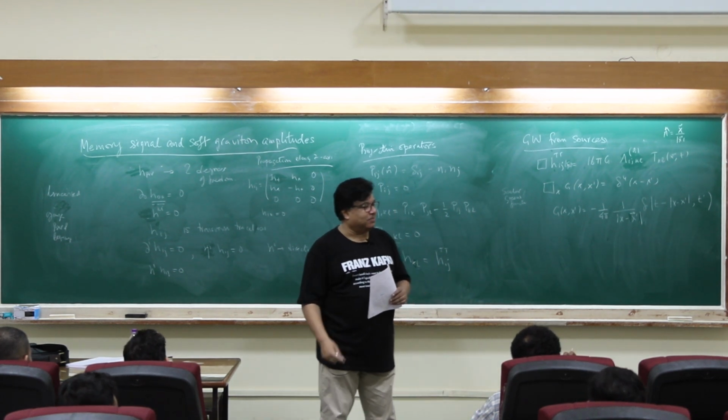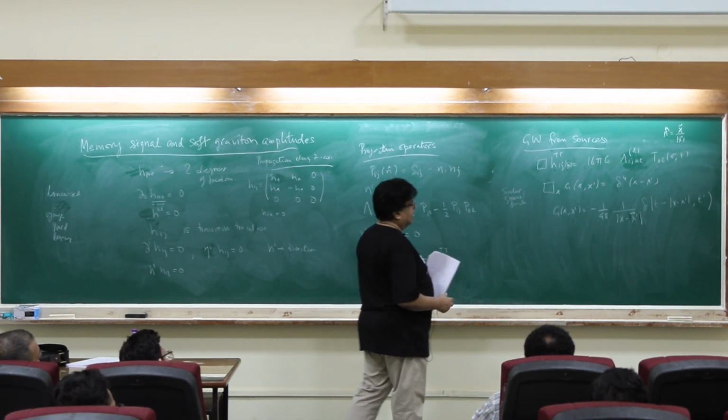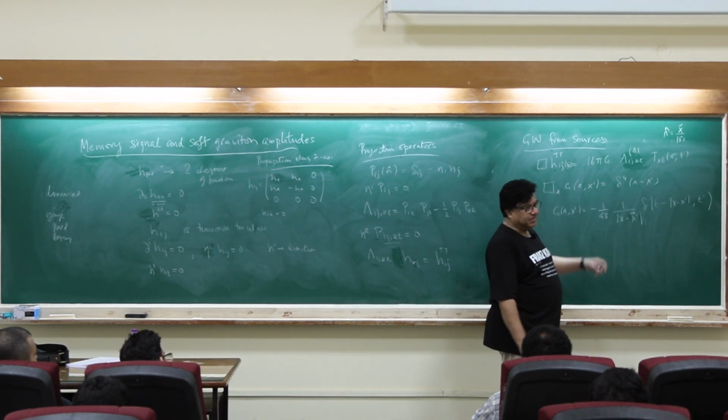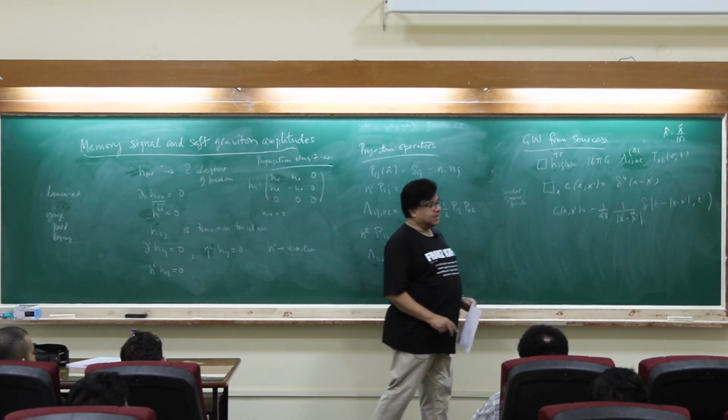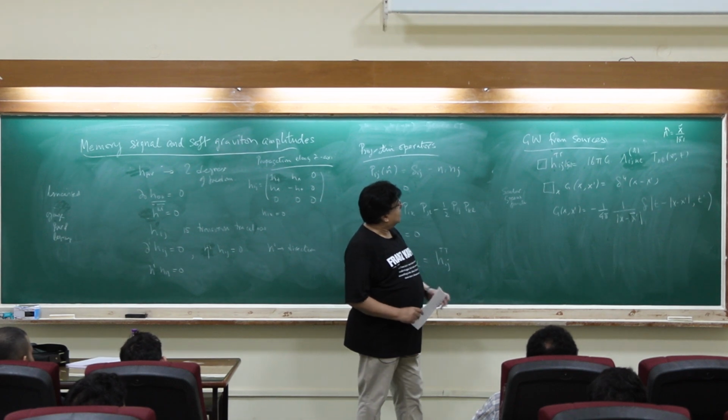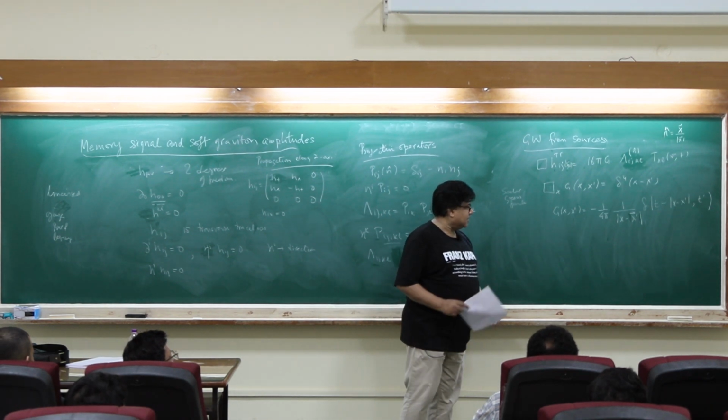Actually you can start with a more covariant form, but then it reduces to this form. So this is the Green's function for the box operator in 4 dimensions.